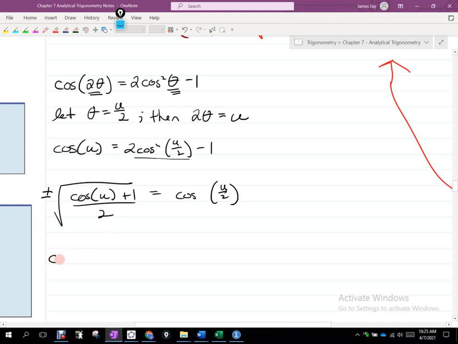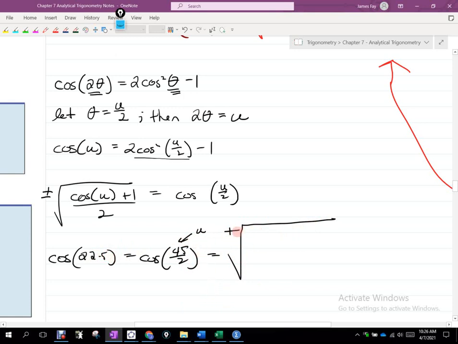Okay. So if we want cosine of 22.5 now, that's the same thing as the cosine of 45 over 2. So the 45 ends up being the u in our formula. Because 22.5 we know is going to be in the first quadrant, I'm going to choose the plus sign here. But then I go cosine of u, which is radical 2 over 2, plus 1, all over 2.